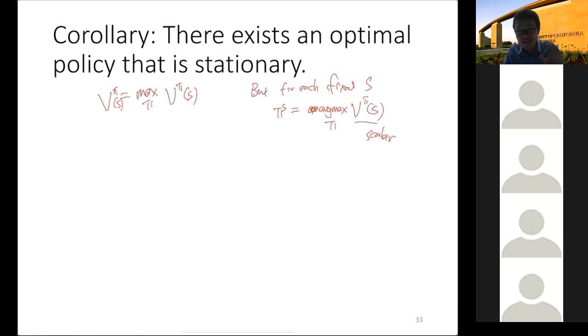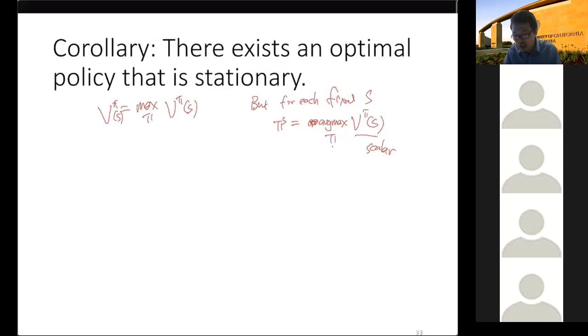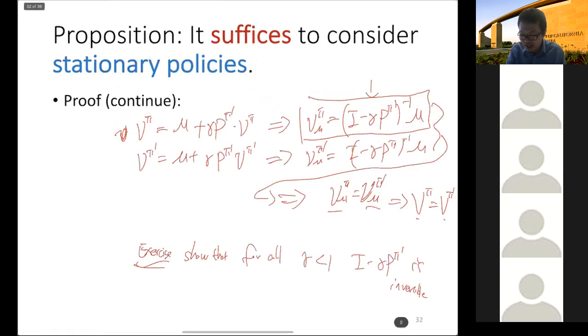As long as we're dealing with, just now we've shown that this is a linear function, and the search over pi is essentially the search over the occupancy measure. And we know from the previous slide that the occupancy measure satisfies a set of linear equations, right?